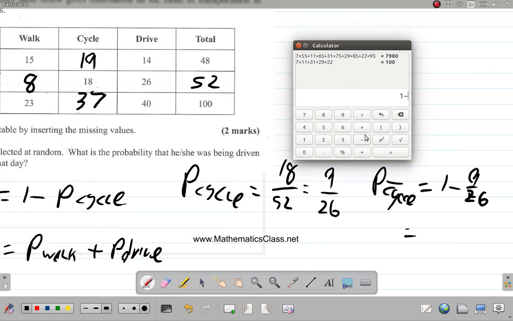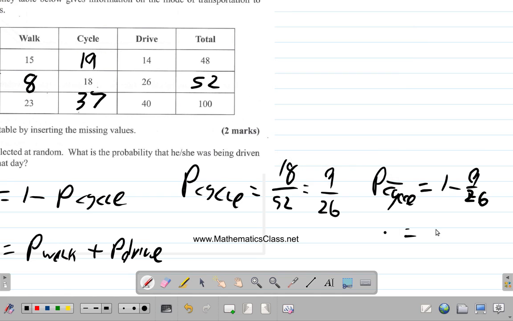But 1 minus, open bracket, 9 over 26, close bracket, equals. We have 65.38%. Although in our exam, try to do it as a fraction, right? But could I even do it as a fraction? Now if you use a calculator.